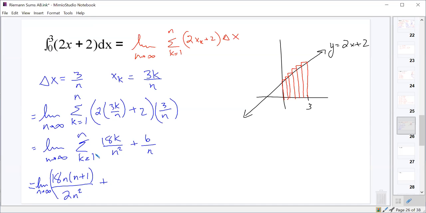When I have n of those that I'm summing together, that should be 6 over n times what? I'm adding together how many of them? N of them. So 6 over n times n. And now we'll note that this is just a rational function. All right, 18n squared plus 18n over 2n squared.